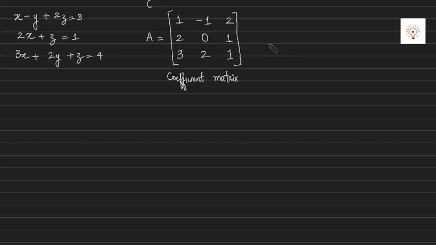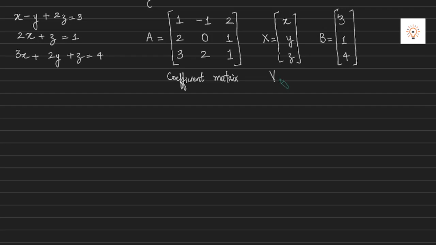The next thing we must write is the variable matrix. The variable matrix is just the three variables put in the form of a column matrix, so we have x, y and z. Finally, what is left is the right hand side matrix, or the constant matrix, which is the constants on the right hand side: 3, 1, 4.